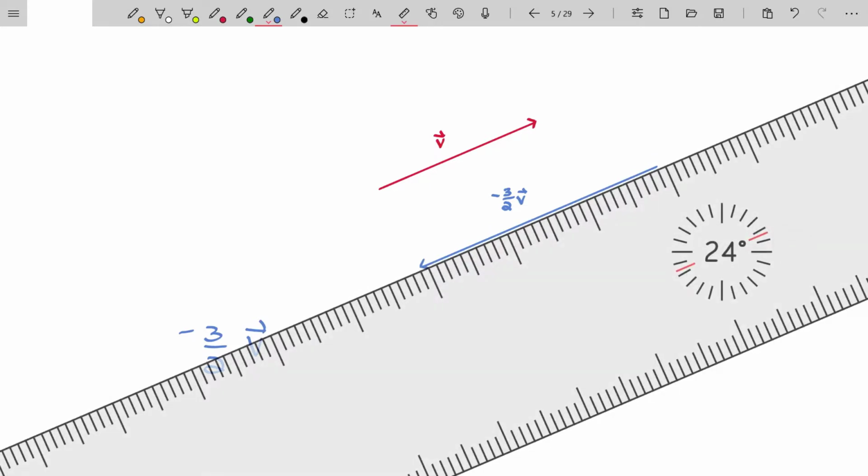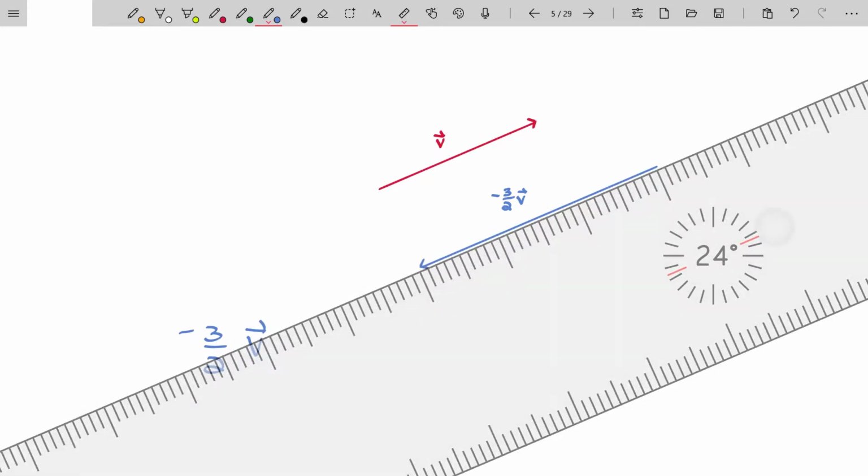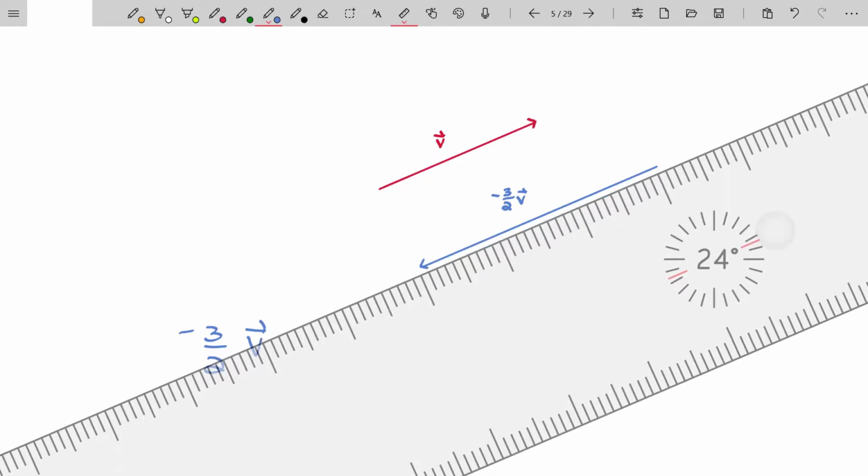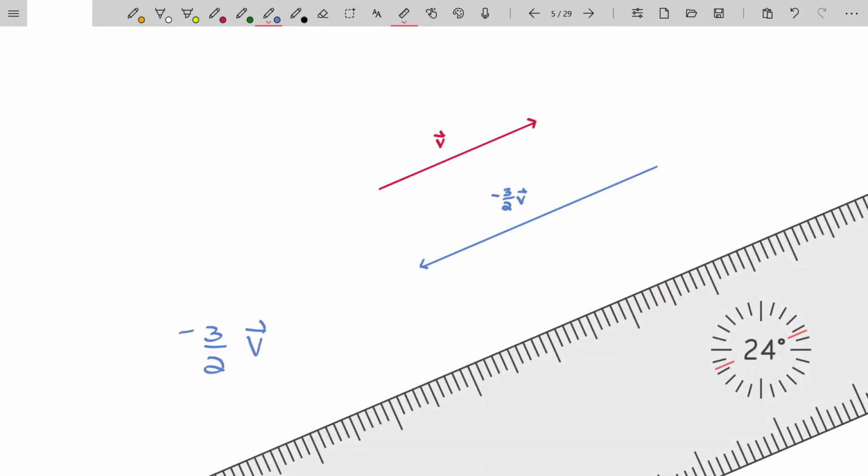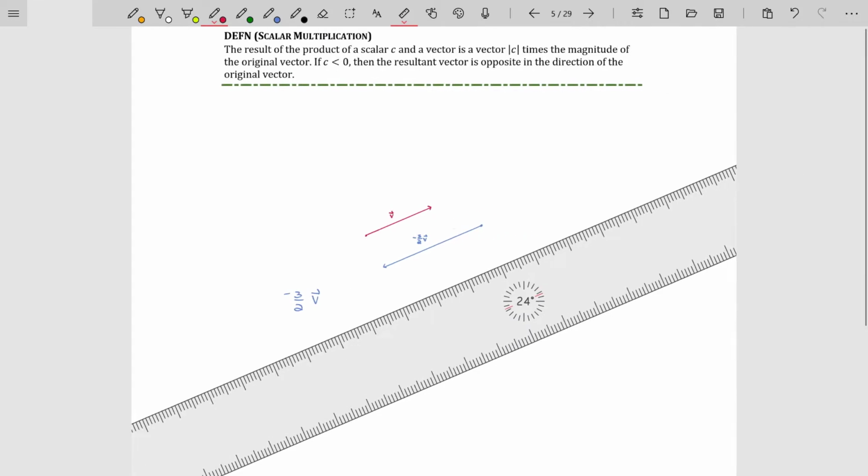So 3/2 times 2 is 3, and I need it to be in the opposite direction. So that's how scalar multiplication is done. If you multiplied a vector by 0, it would become the 0 vector.